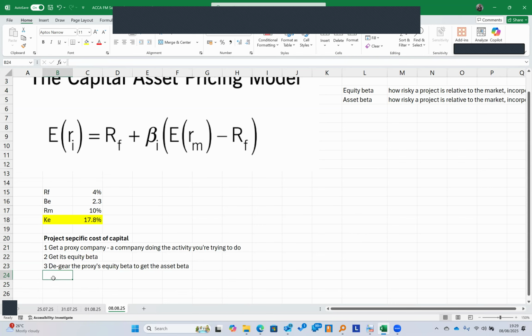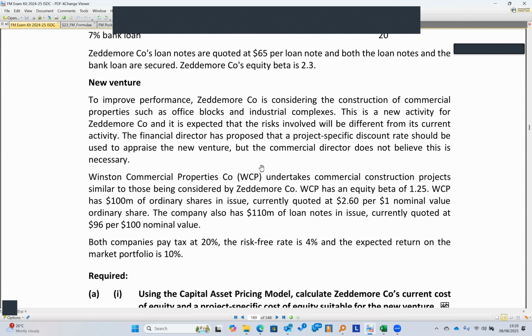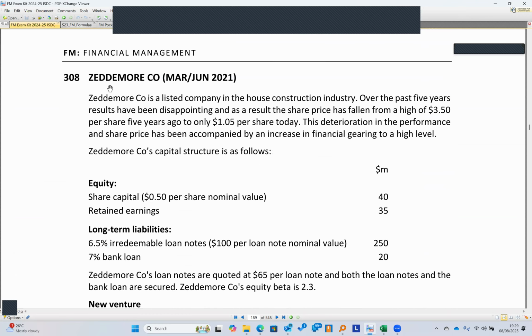And now step 4 is you re-gear the asset beta with the project's gearing, or debt to equity. Winston has a different debt to equity, but we want to use the one of this company, Zeddemore.